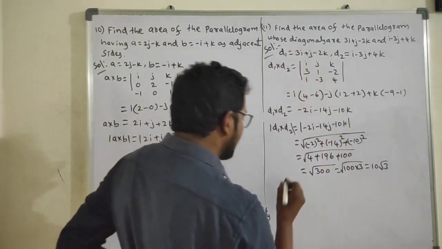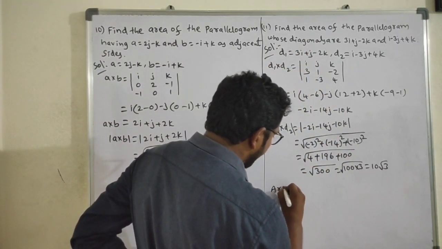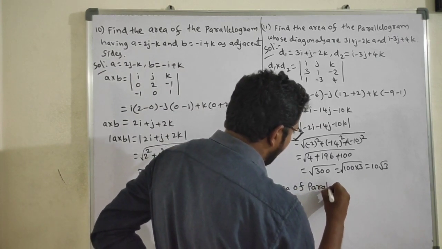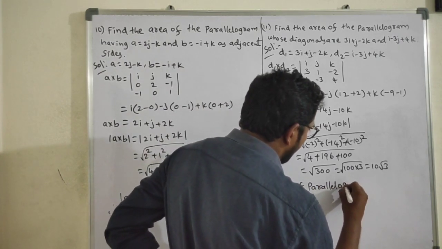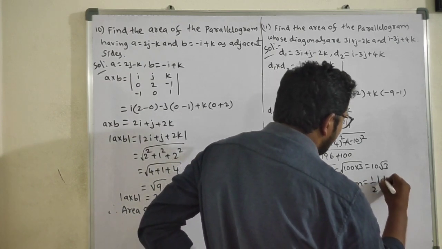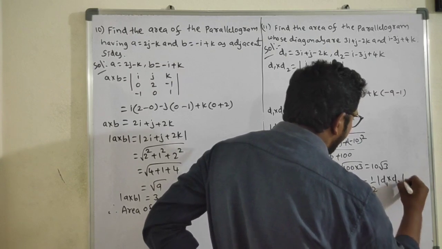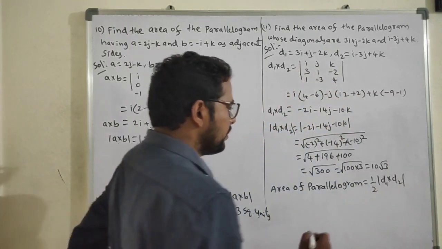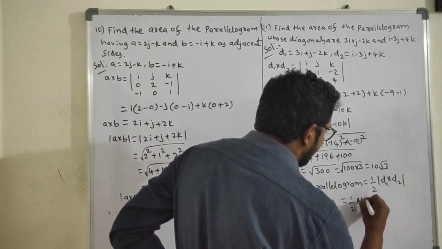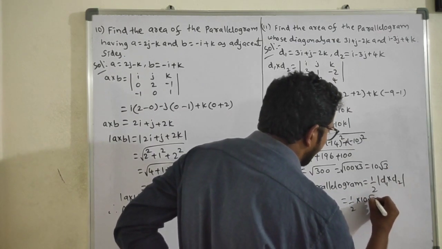So what is the area of the parallelogram? Area of parallelogram formula, with diagonals, what is the formula? Half into modulus d1 cross d2, which is equal to half into 10 root 3.